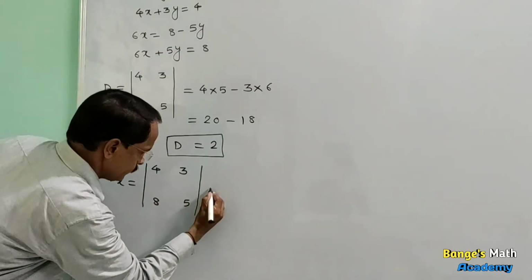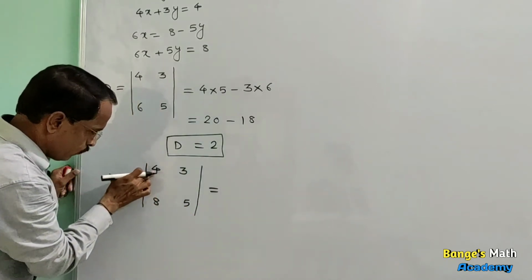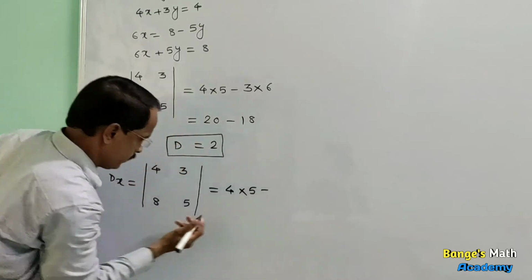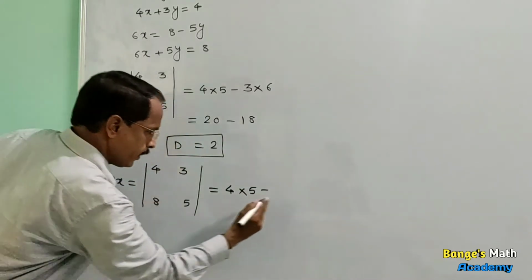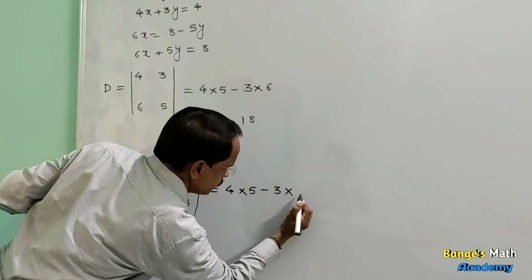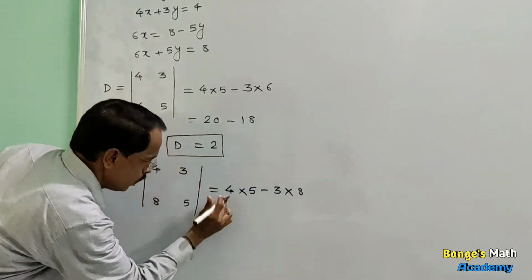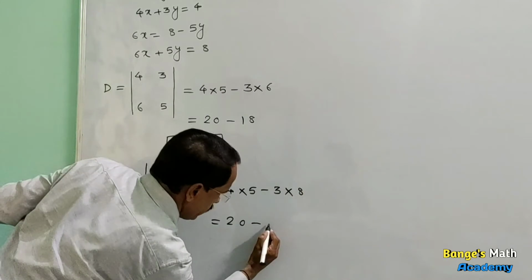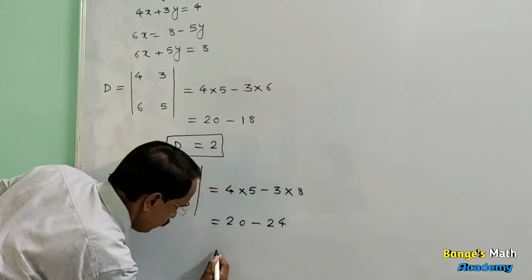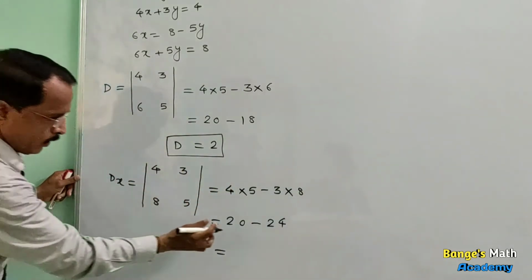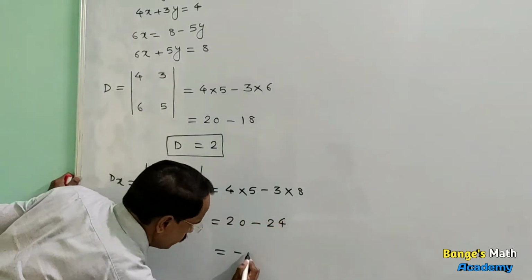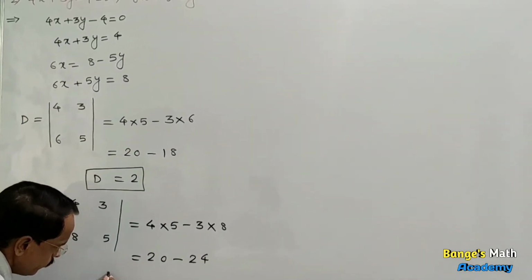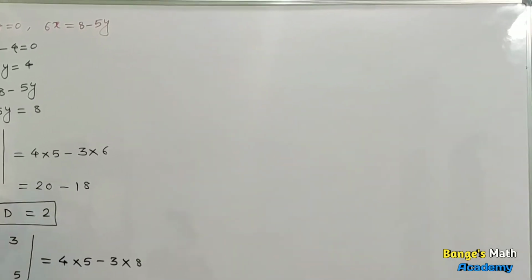Simplify this, is equal to 4 into 5 minus 3 into 8, is equal to 4 into 5, 20, minus 3 into 8, 24. Subtraction of this, 20 minus 24, minus 4. So we get the value of dx.